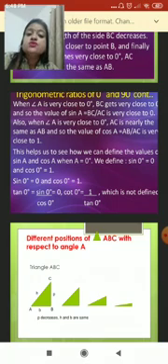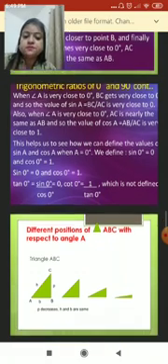This helps us define the values: we take sine 0 degree as 0 and cos 0 degree as 1. And tan 0 degree is equal to sine 0 degree by cos 0 degree, so the reciprocal will be the value of cot 0 degree, which is not defined. I hope these triangles will make your concept clear on this topic.